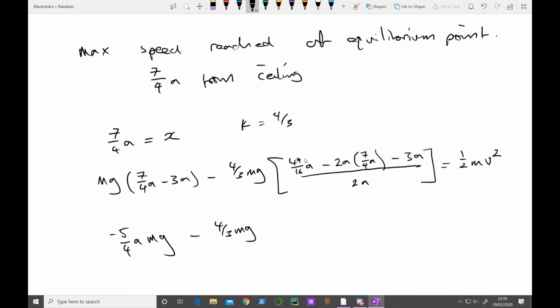So 49 over 16, take away 14 over 4, take away 3, all divided by 2, gives me 55 over 32a. Equals half mv squared.